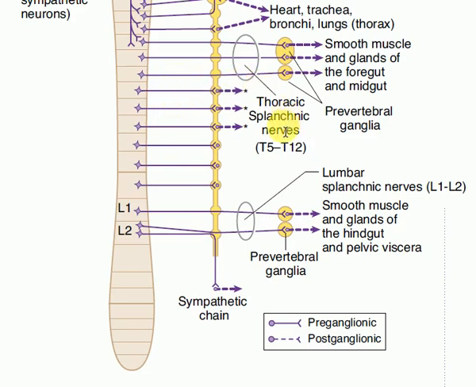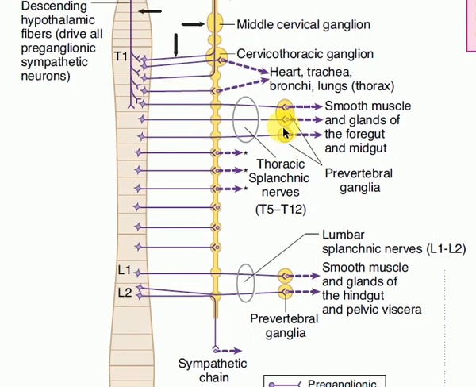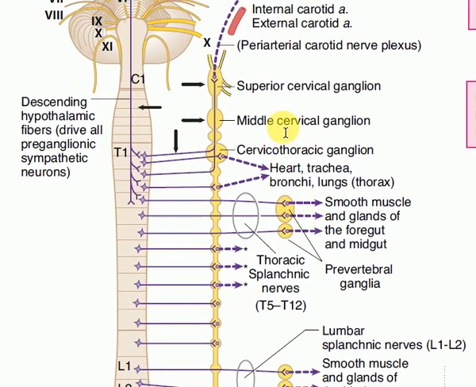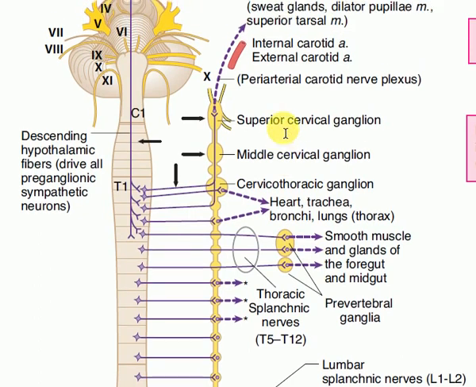At T1, if we wish to innervate some structure, some sweat gland or smooth muscle, that is present above the T1 level, the preganglionics will use exactly the same pathway. They will enter the cervicothoracic ganglion, and the superior cervical ganglion is the highest ganglion of the sympathetic chain.